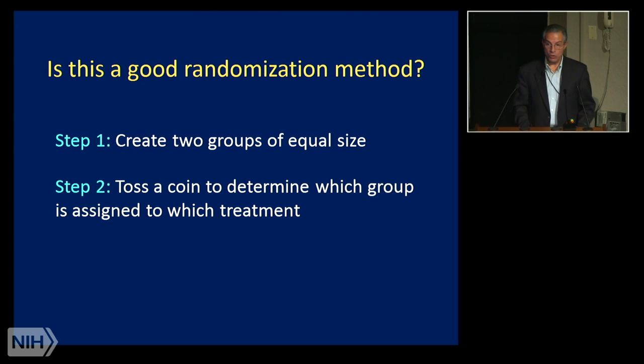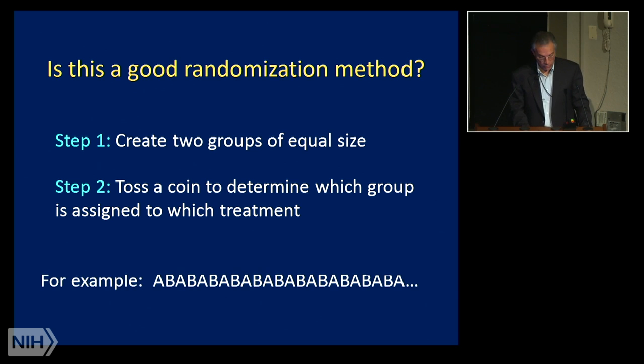Because in the selection of the groups, you may have had biases. In the extreme case, again, I just talk about gender a lot, but you put all the women in one group and you put all the men in one group, and yeah, I tossed a coin. Well, you tossed a coin, but the two groups were not selected randomly. So not a good randomization method.